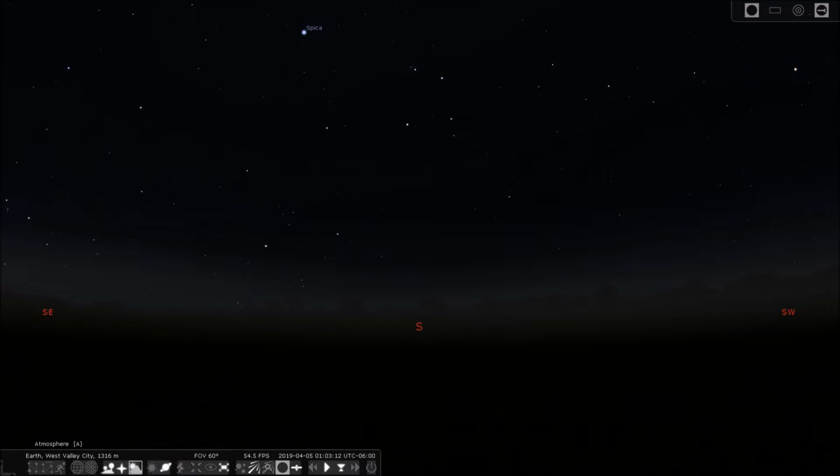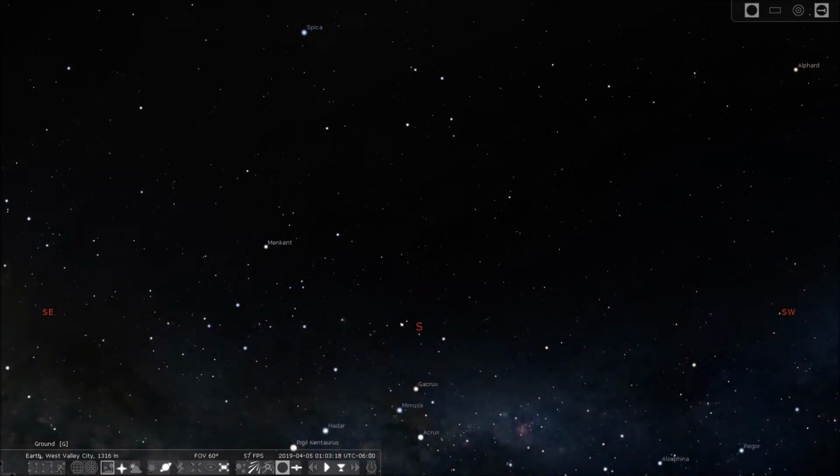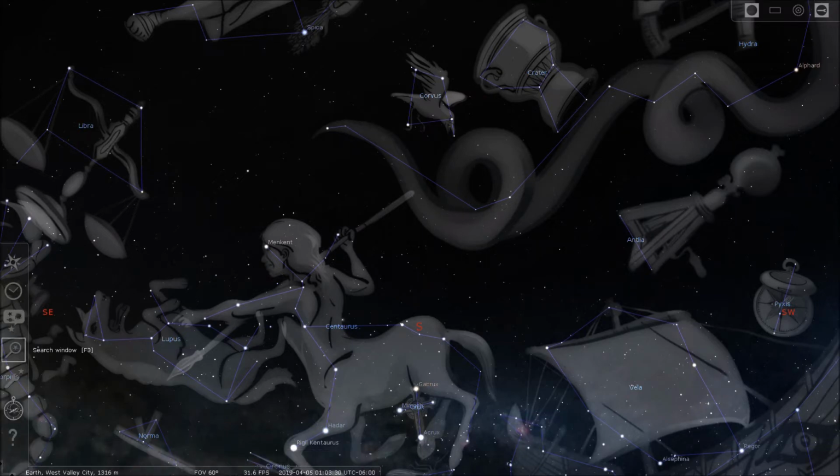We need to set things up, and you can see that I'm pressing certain things here. So stellarium.org, and at the top of the page I usually click on the 64-bit. The computer needs to be able to handle the memory, so a Windows 10 machine is the best for it.